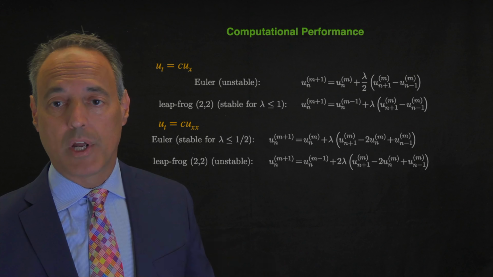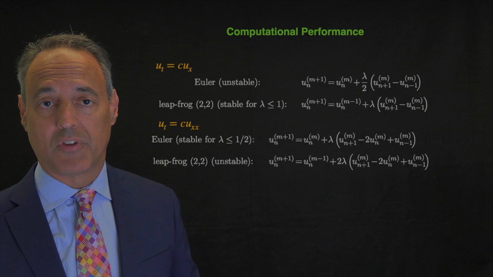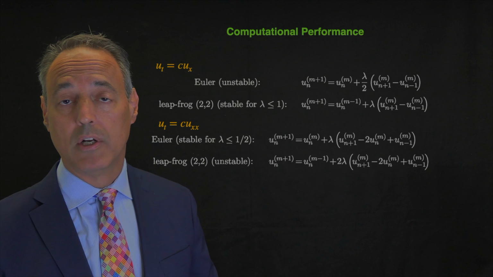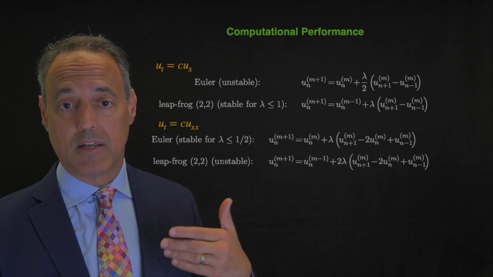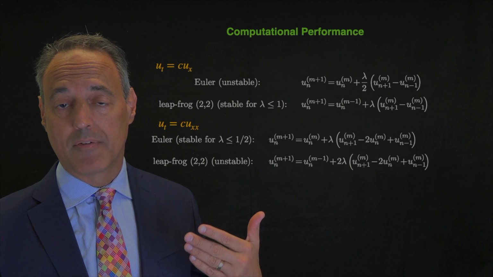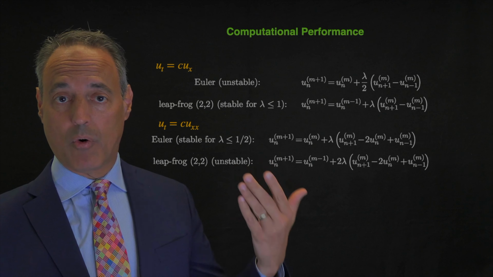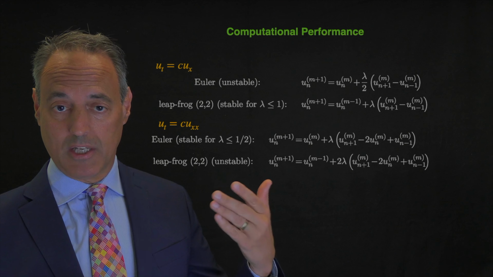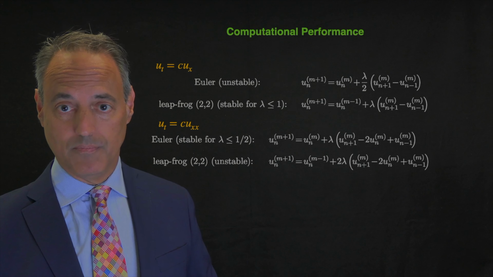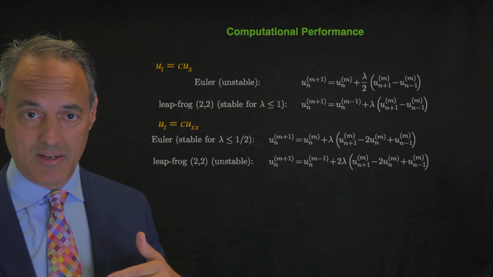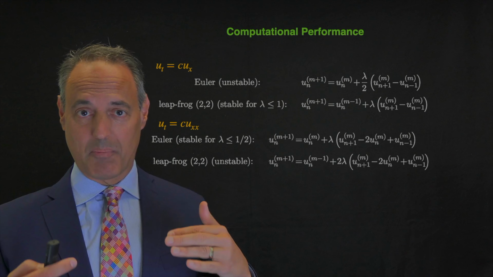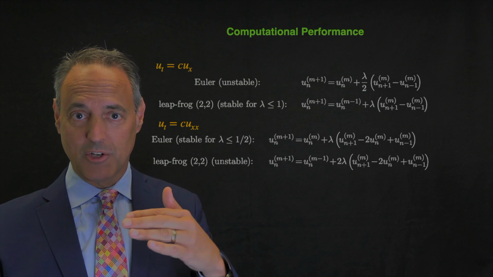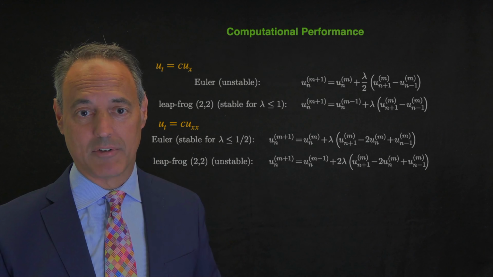For the heat equation, we're also able to do the same thing: we found that for the Euler, a CFL less than or equal to a half is stable, but the leapfrog 2-2 on the heat equation is always unstable. So these two schemes perform very differently depending on whether you're in diffusive behavior or wave behavior.